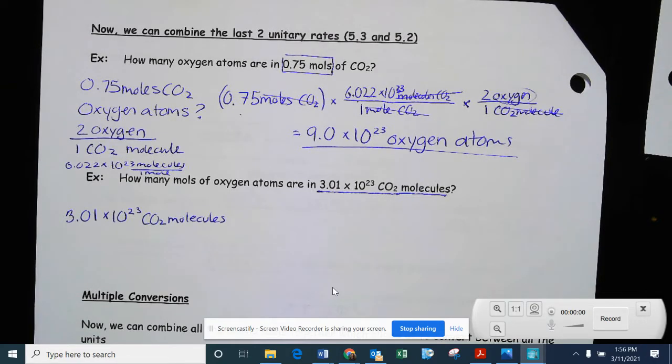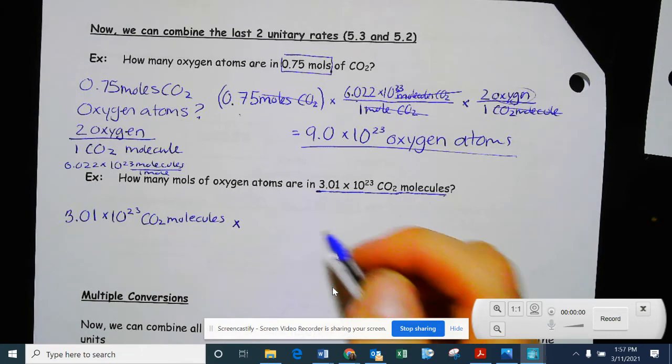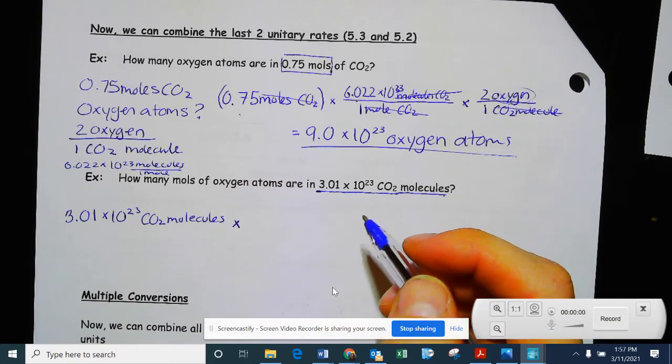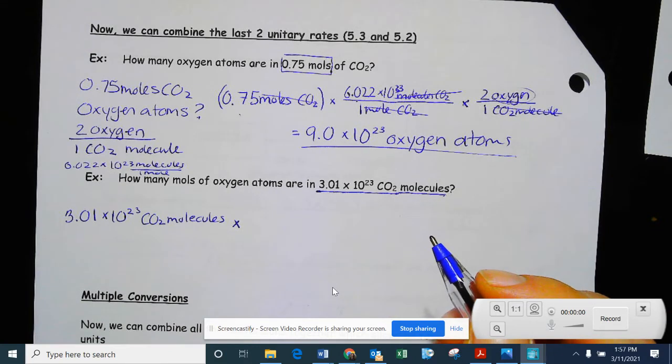All right, so I've got 3.01 times 10 to the 23 CO2 molecules. What I'm going to get into here is how many atoms of oxygen do I have in there?